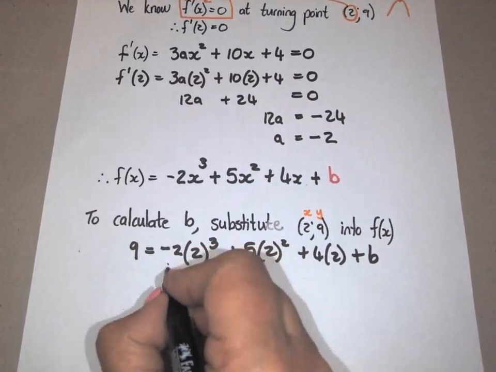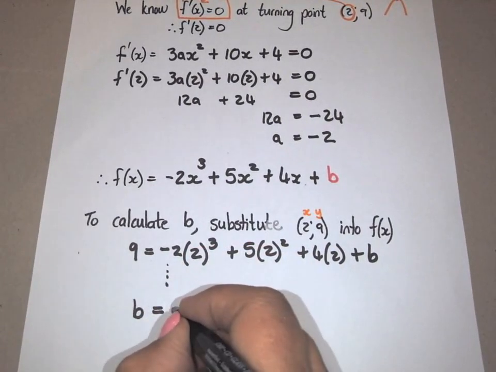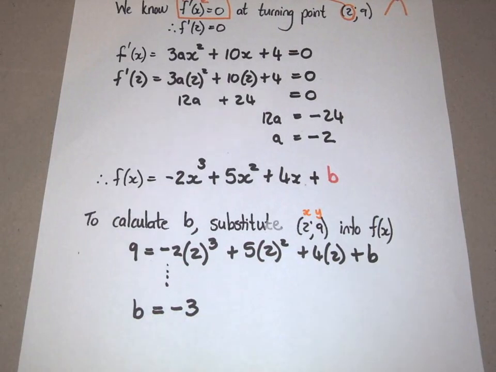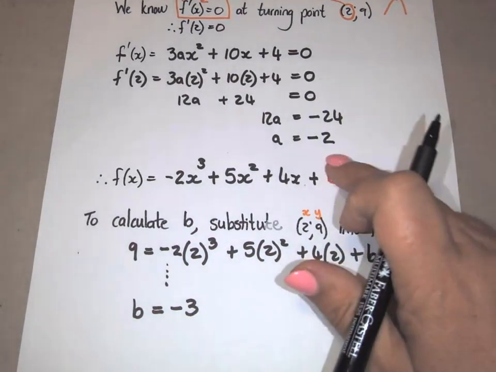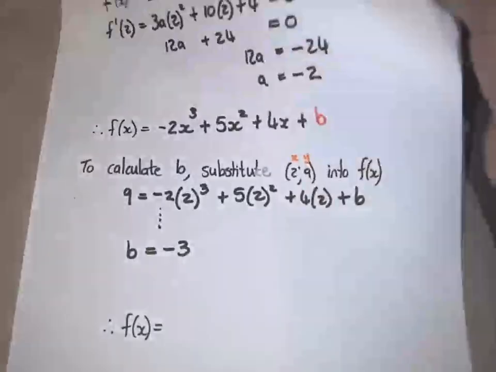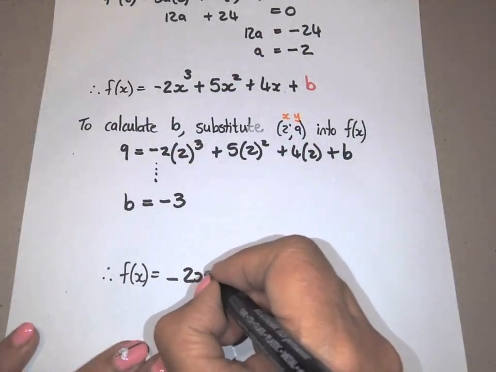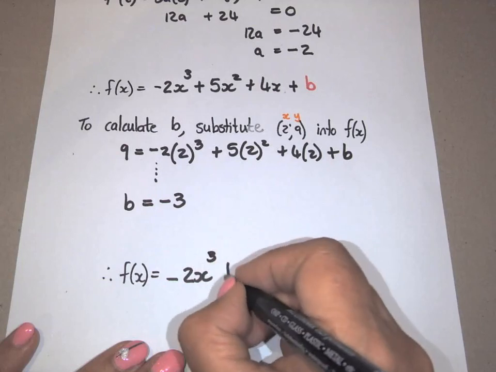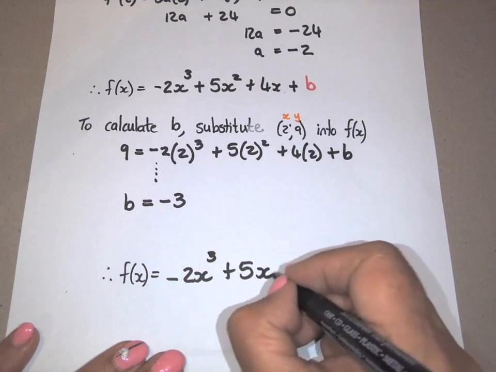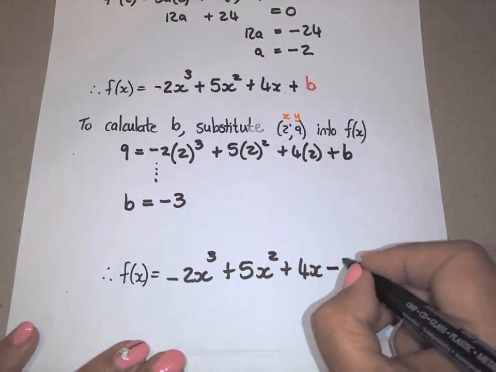And if you work this out and you get b alone, b will be equal to negative 3. So now I have my a, I have my b, and I can write down the equation of f(x). Therefore, f(x) will be negative 2x to the power of 3 plus 5x squared plus 4x minus 3.